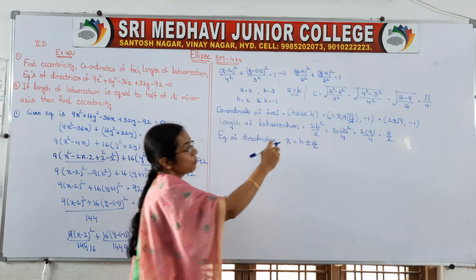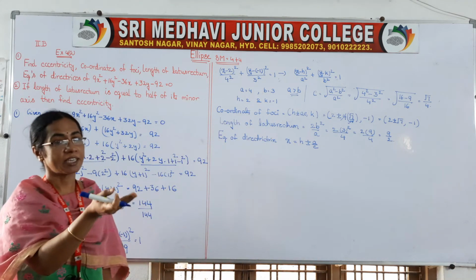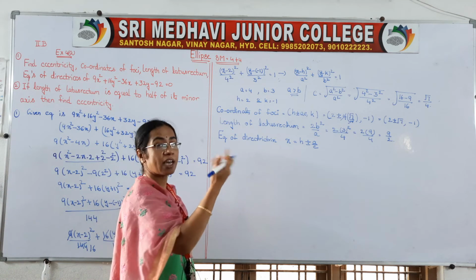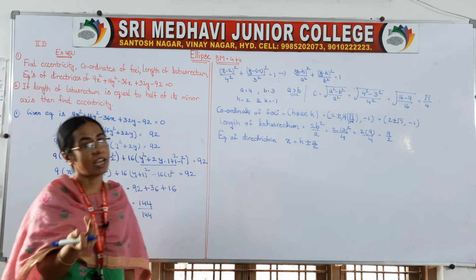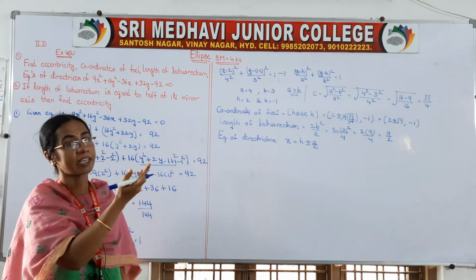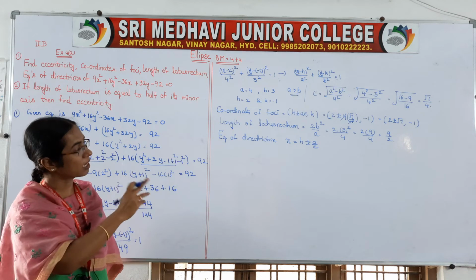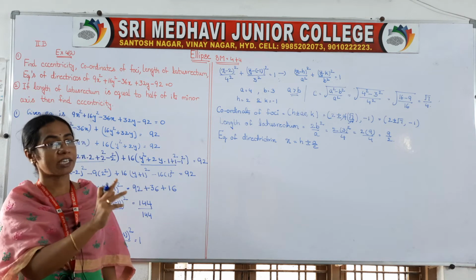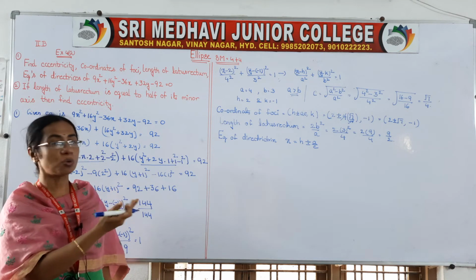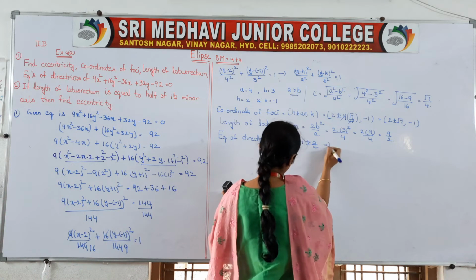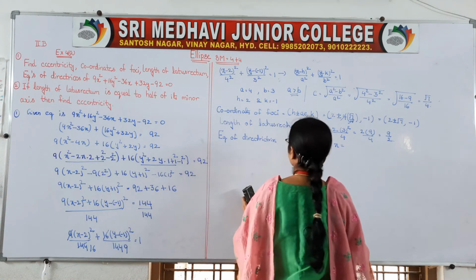If you take plus, you will get one focus S, and if we take minus, we will get another focus S dash. At a time we have taken plus or minus so that we can get 2 foci values. Same thing here, we have taken plus or minus so that we get 2 directrix equations.